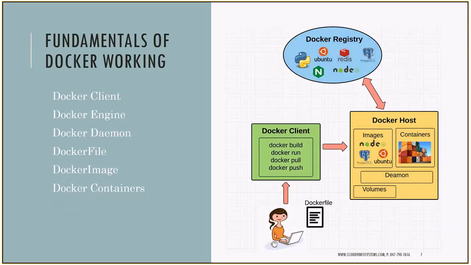Lastly, we have the Docker containers. A Docker container, as mentioned previously, wraps your application into an invisible box with everything that the application needs to run. This will be the operating system, the application code, the runtime, system tools, etc. Docker containers are built off of Docker images.